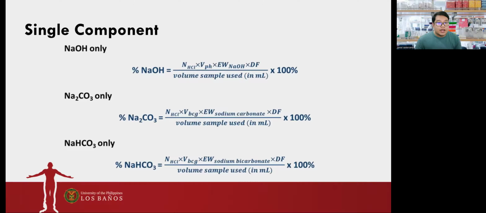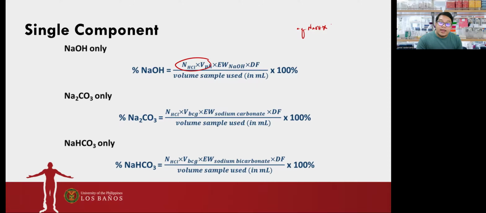So, here's the calculation for the single component only. So, madali lang to. So, saan galing yung NV natin? Ang NV natin ay galing sa equivalence yan. Equivalence of NaOH equals equivalence of NaOH multiplied to equivalent weight ni NaOH.